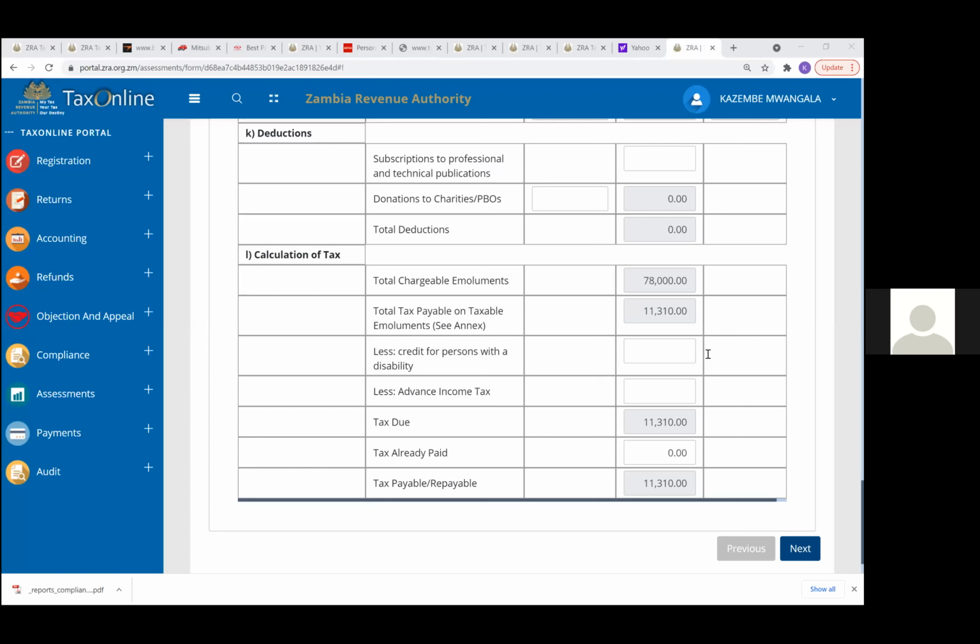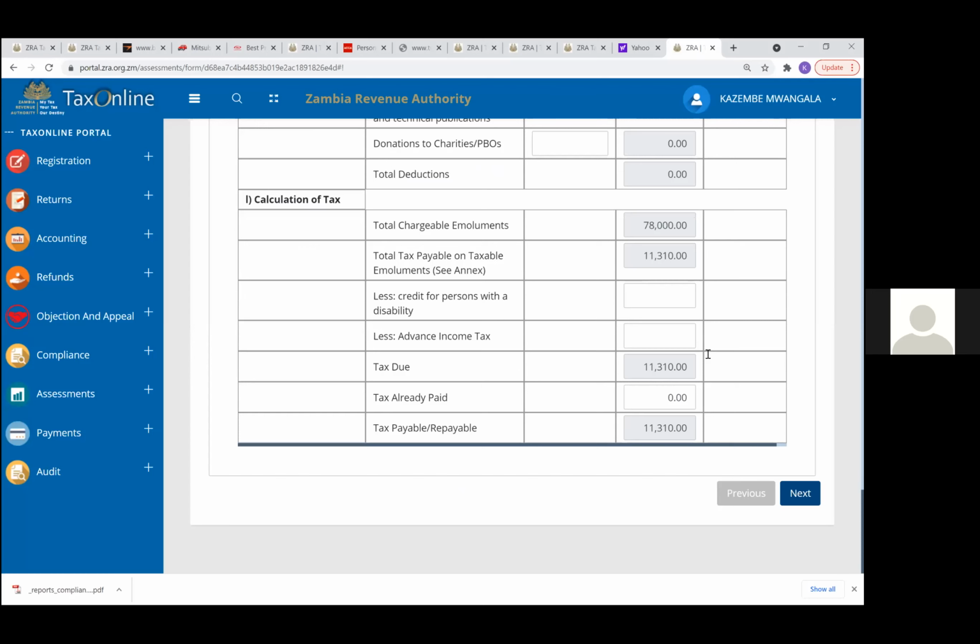78,000 has been taxed as one, applying the bands of 39,600 at 0%, the next 720 at 25%, the next 25,400 at 25%, and the excess at 37.5%.